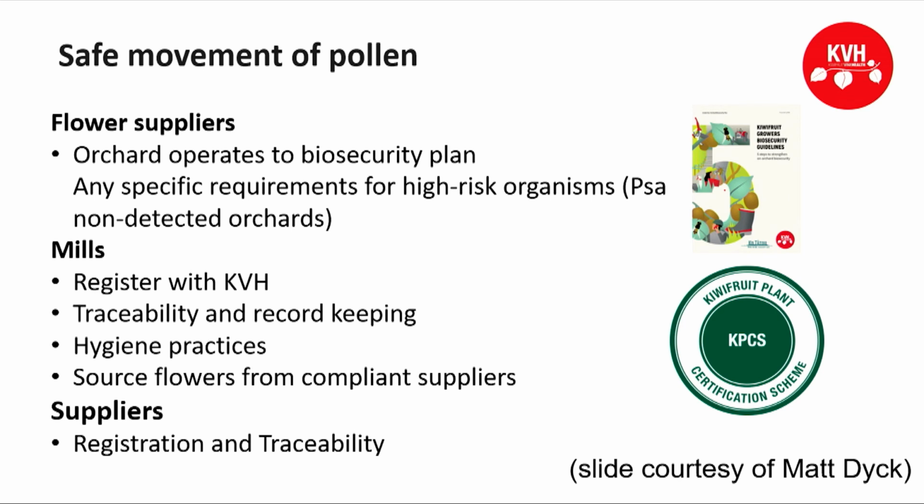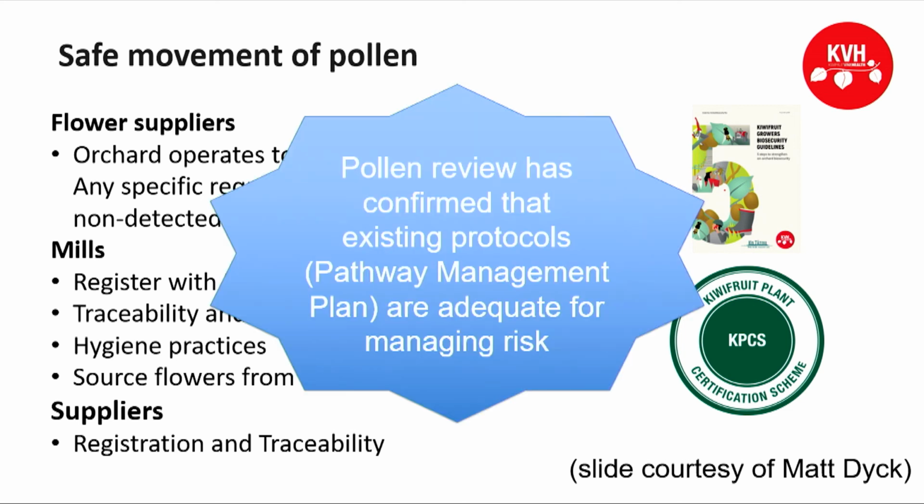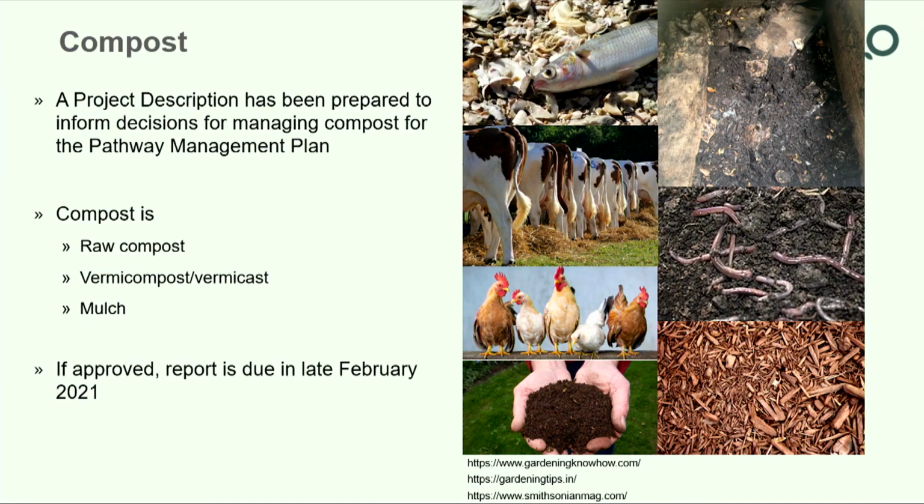So it's a bit like a COVID-19 system where good records are kept, traceability is possible. So in the event of something happening, things can be traced back to the source and dealt with as soon as possible. But one thing that has come out of the pollen review is that it has confirmed that the existing protocols are adequate for managing the risk.